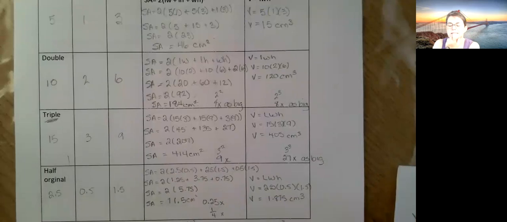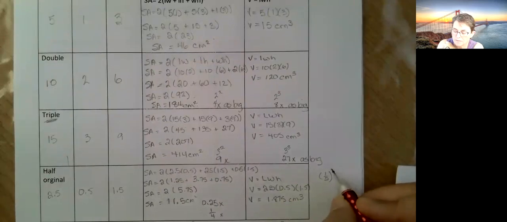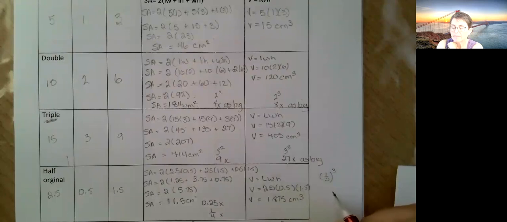Now, let's do some predicting first. So we went half size. So it should be 1/2, which is what we did to one side, and cubed.